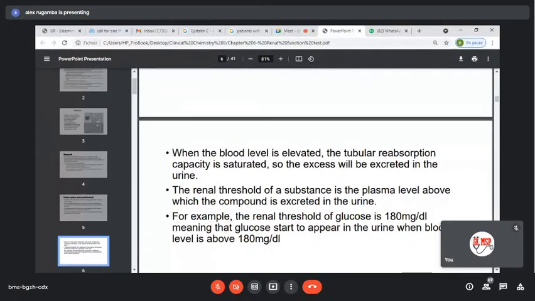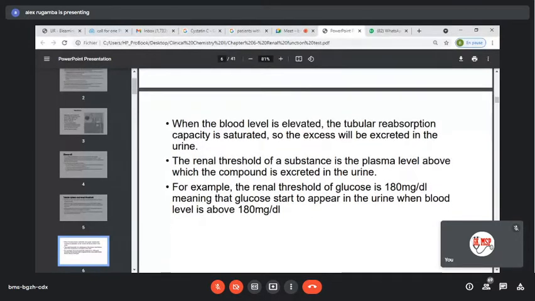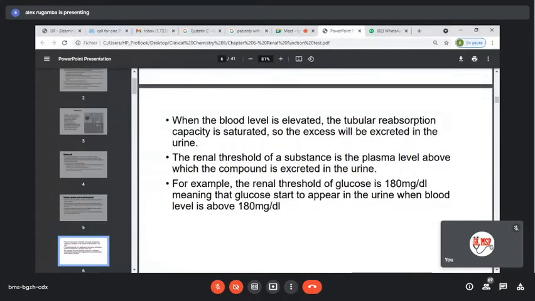If you understand well, if I ask you, like you get results from the laboratory indicating that glucose is greater than 200 milligrams per deciliter, what will you confirm? What does it mean to you?